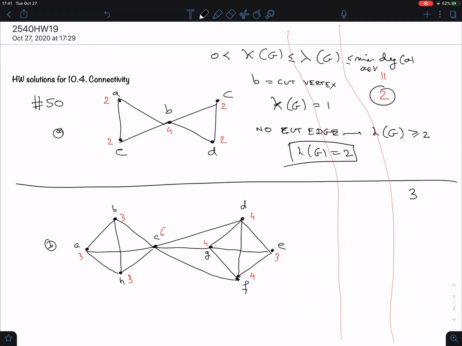So C is a cut vertex, and therefore this graph has vertex connectivity 1. In other words, C is really a weak spot here, because if it falls, the network fails. Okay, let's think about the edge connectivity. I don't see any single edge that would disconnect this whole thing. Okay, so I hope that is clear. Let's start looking for 2.